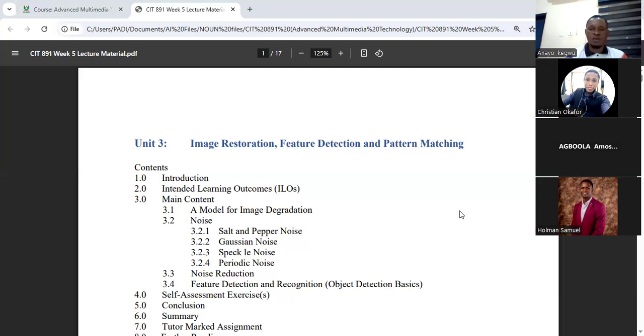After that, we'll look into noise reduction and feature detection and recognition, that is, object detection basics. This is what we'll be looking at, and many more as we progress in the class.